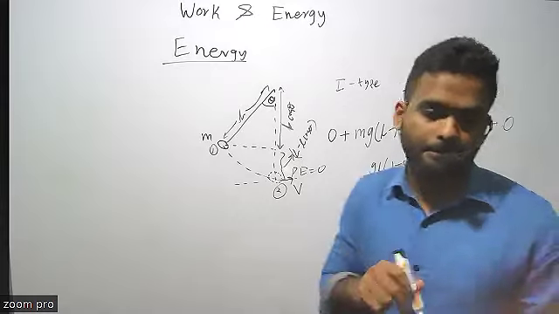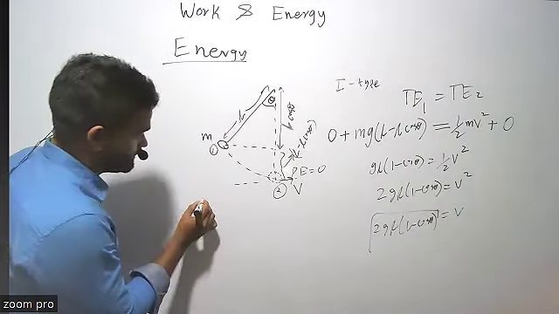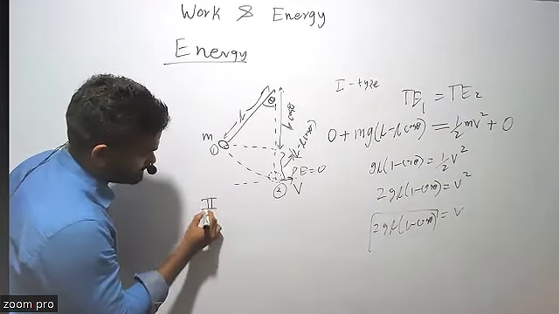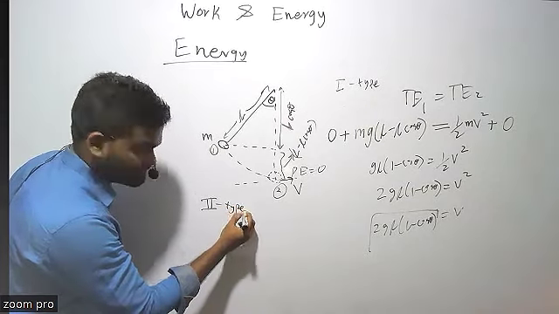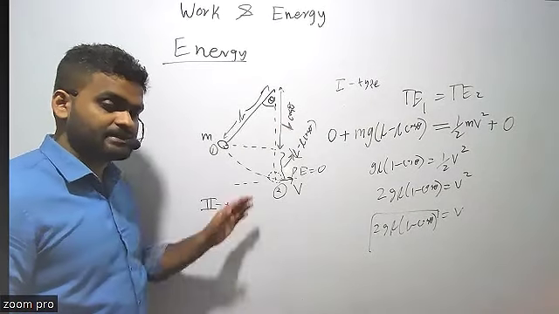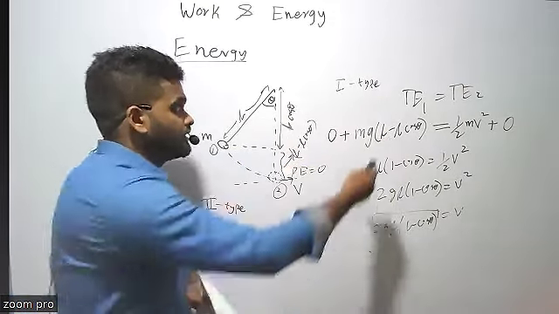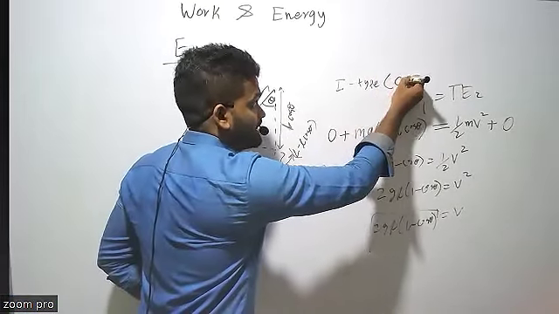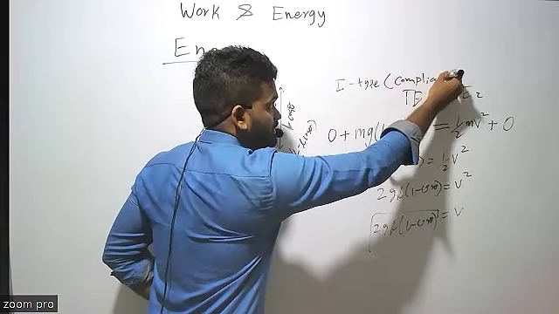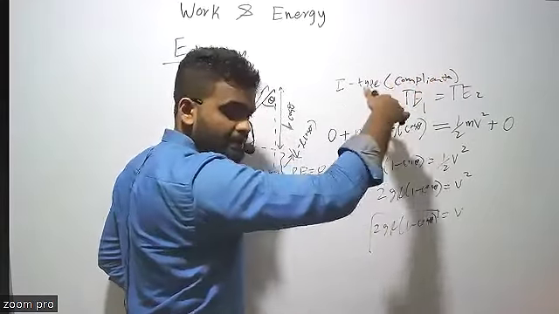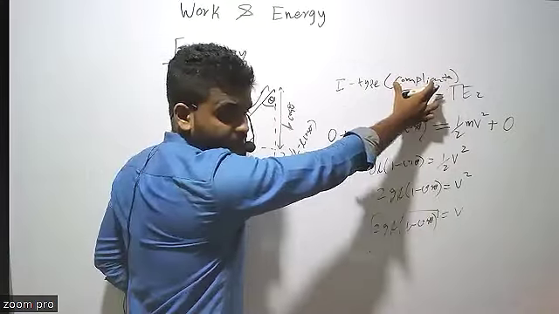The second type is what is recommended. But if the question is complicated, you have to use the first method. If you have more than 2 types of energy, you can apply that method.